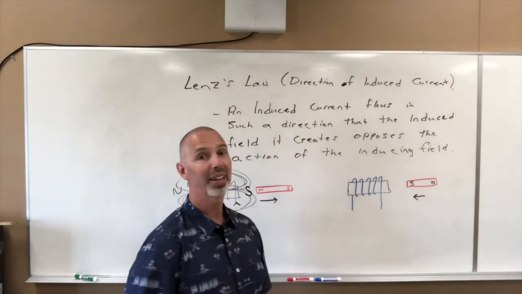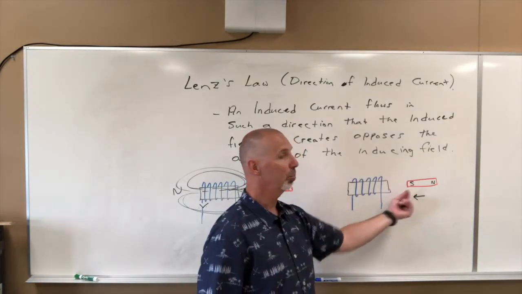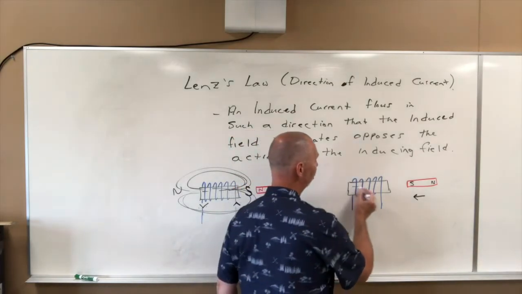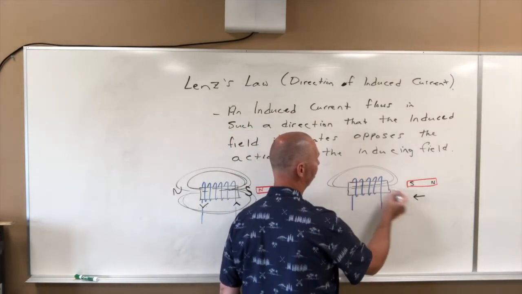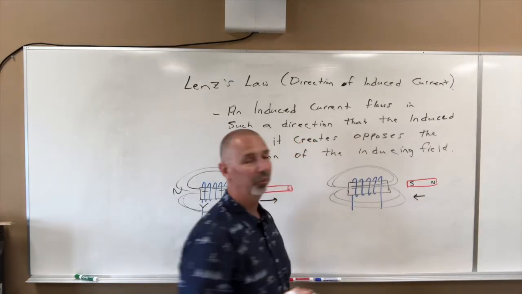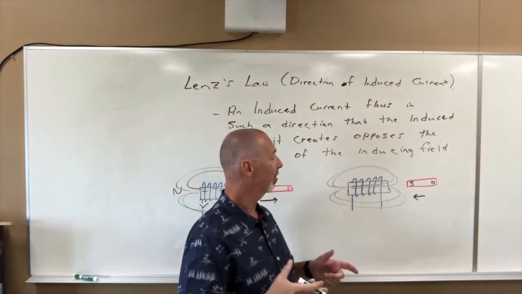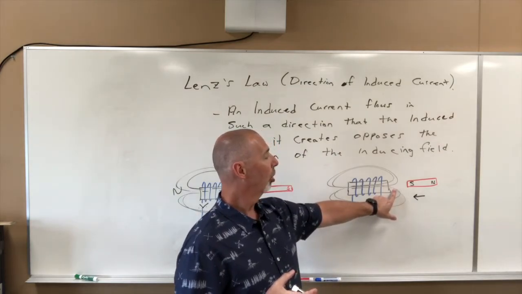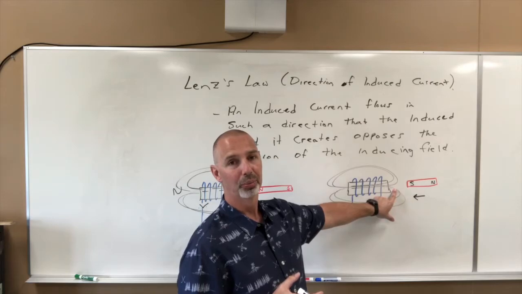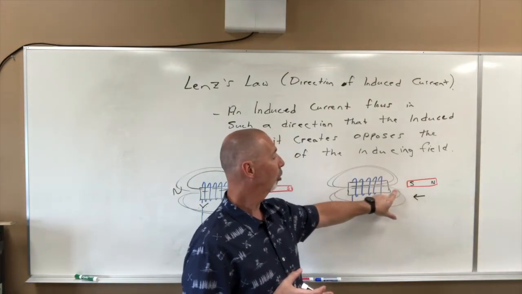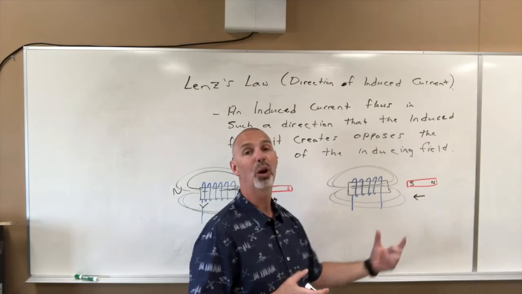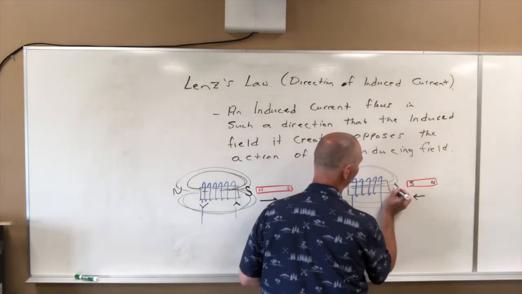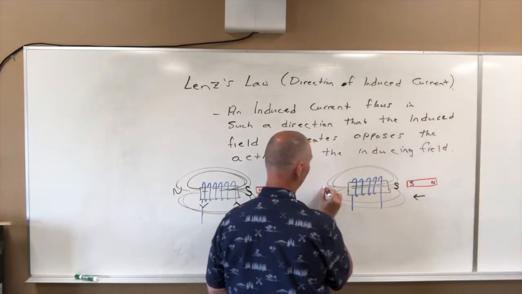If I'm going to take a South Pole of a bar magnet and push it into my coil, the field that gets produced around the solenoid will have to be in such a way that I get a South Pole here, right? South has to repel south. It's pushing in, and we want to oppose that motion. So this would have to become the South Pole, and this will become the North Pole.